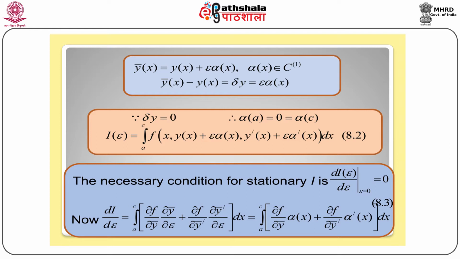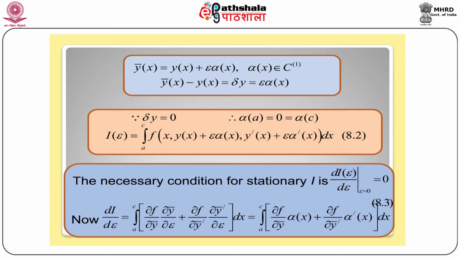Therefore, I of epsilon is equal to the integration from a to c of f of x, y of x plus epsilon alpha x, y dash of x plus epsilon alpha dash x, into dx.